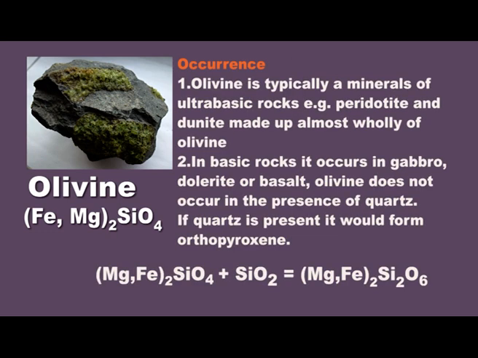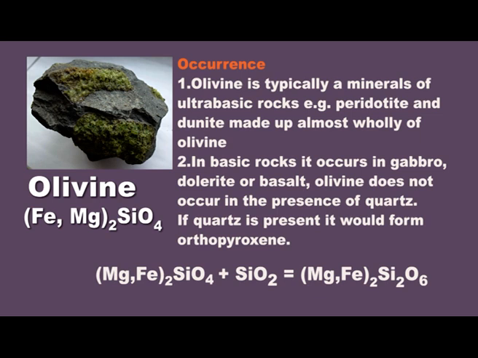Occurrences: olivine is typically a mineral of ultrabasic rocks, for example peridotite and dunite, made up almost wholly of olivine. Second, in basic rocks it occurs in gabbro, dolerite or basalt. Olivine does not occur in the presence of quartz.